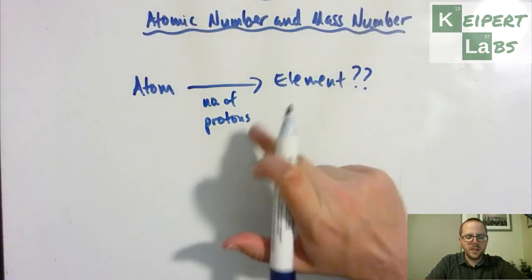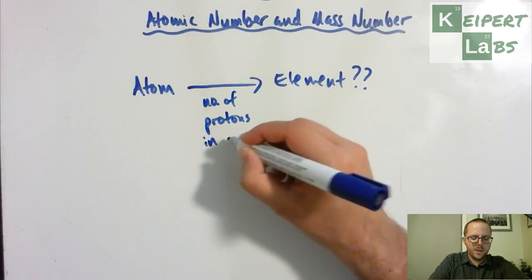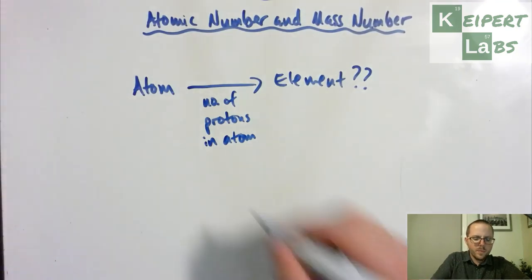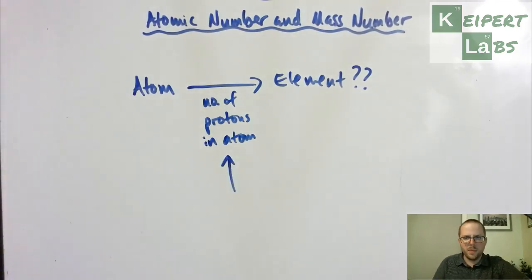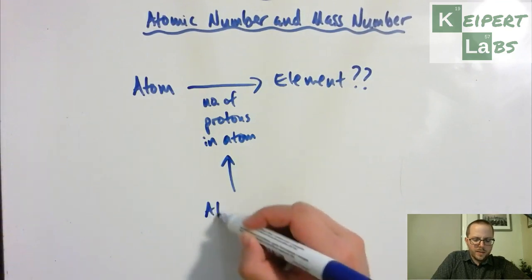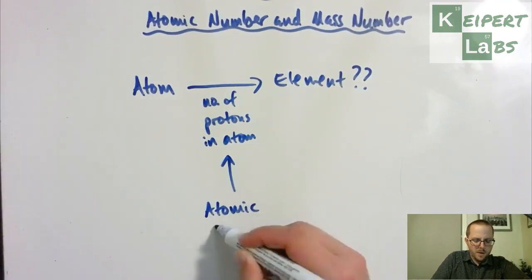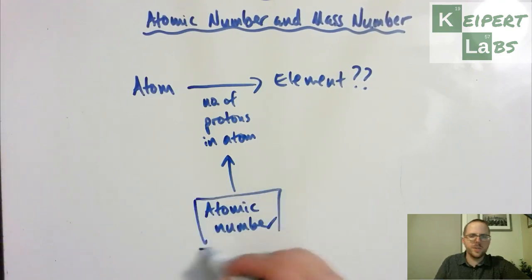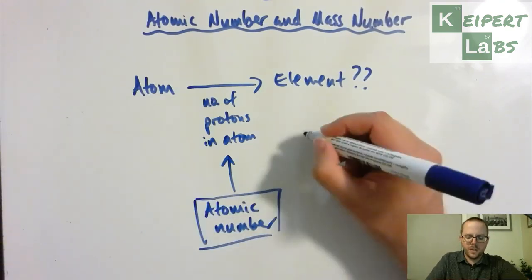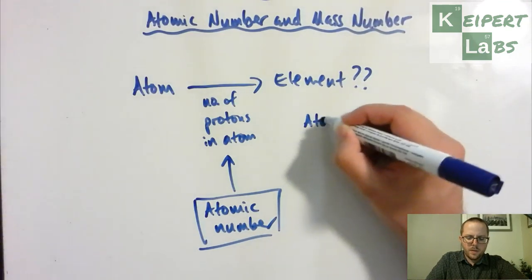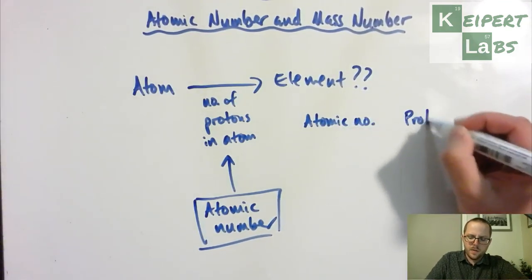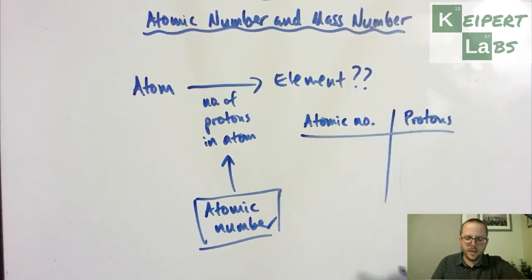So the number of protons inside the atom is the key characteristic. And we give that a number. We call that its atomic number. So it refers to the number of protons in an atom. Here's a quick illustration.